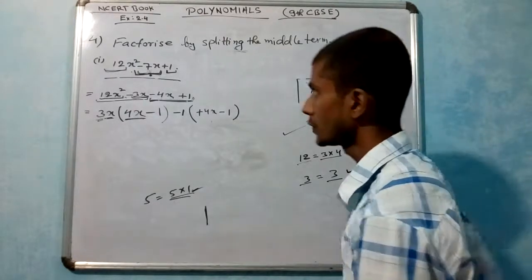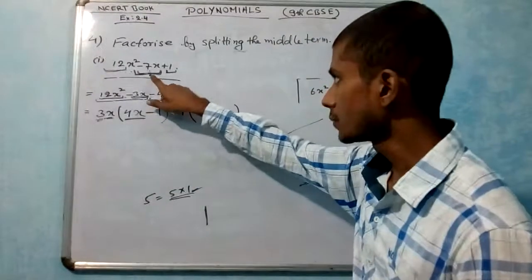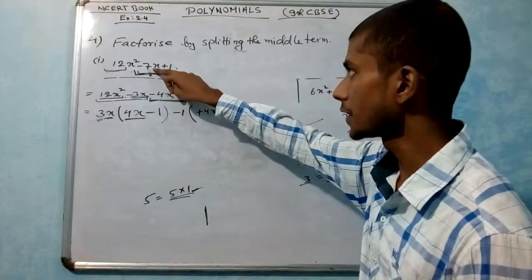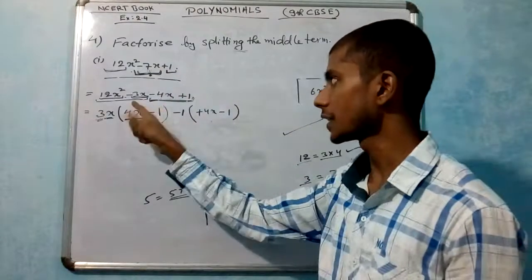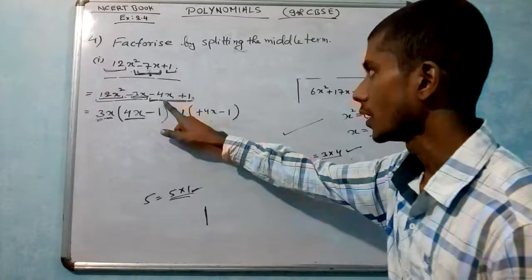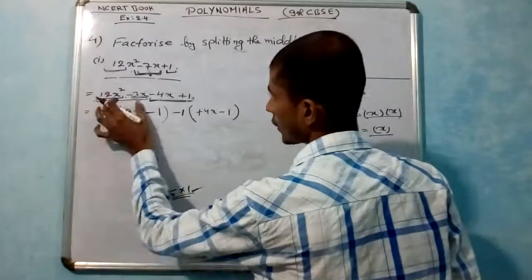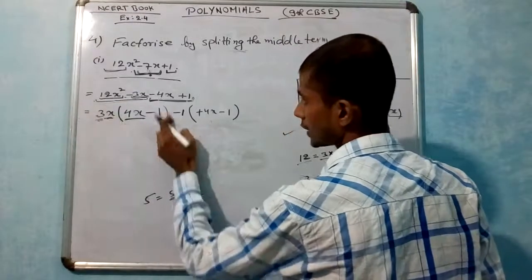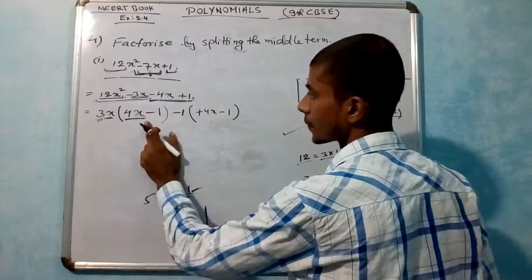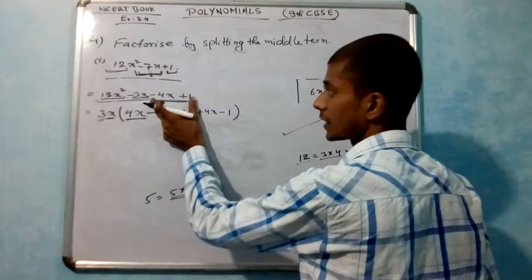Okay, so what we did first, we split the middle term, minus 3x and minus 4x. Next, we are taking the first two terms and taking the common things outside, letting the other things inside the bracket. Next, we are taking the other two terms.